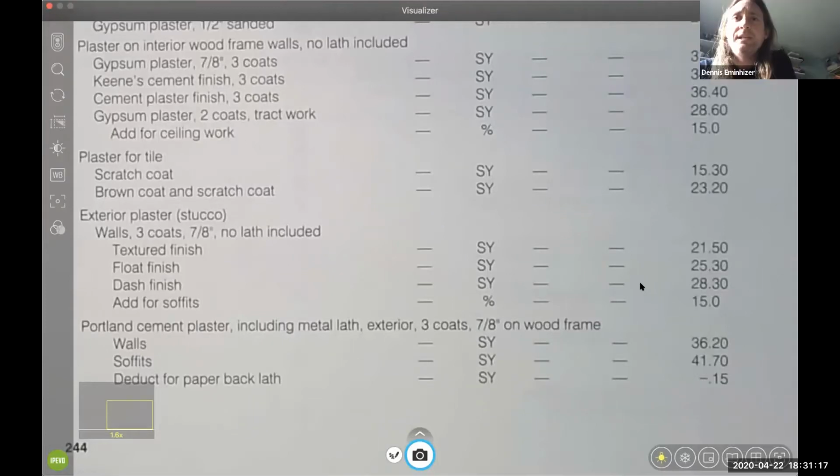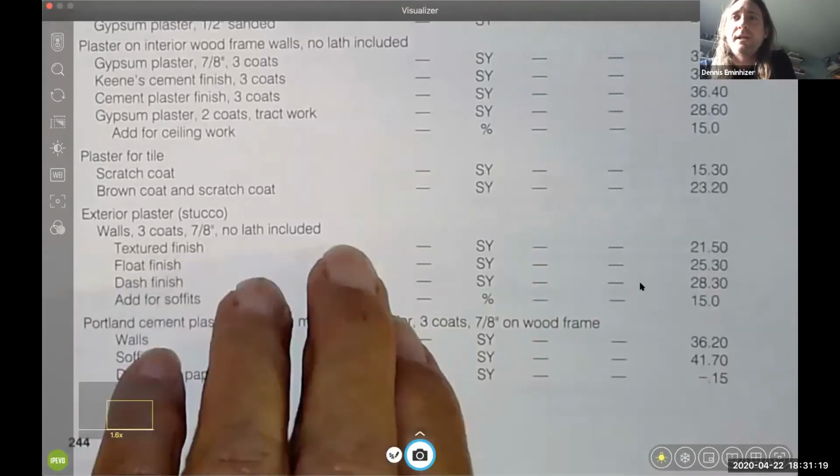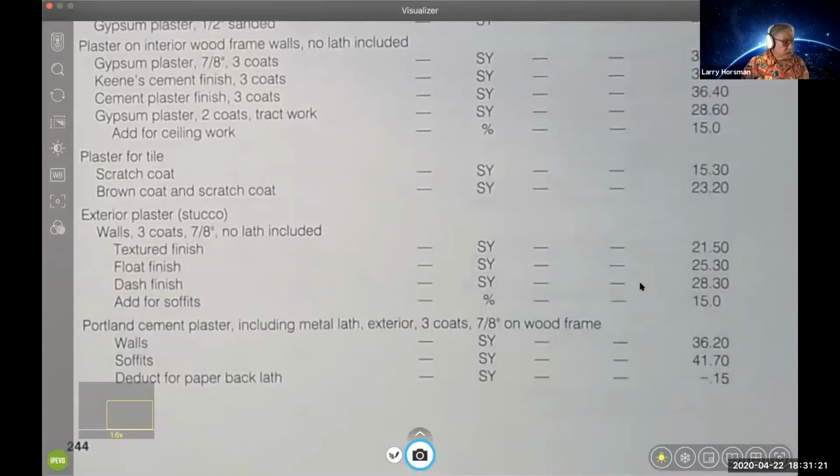What's the difference between exterior plaster stucco and Portland cement plaster? They're both the same thing. Interior plaster is typically a lime plaster versus Portland cement. The Portland cement holds up better for exterior use. It can take water.